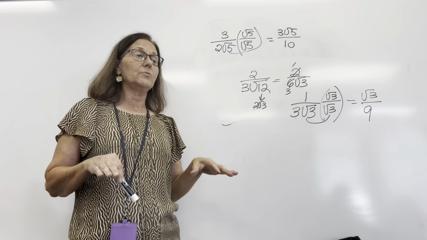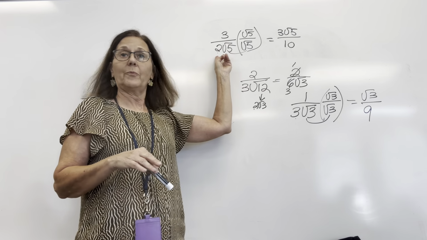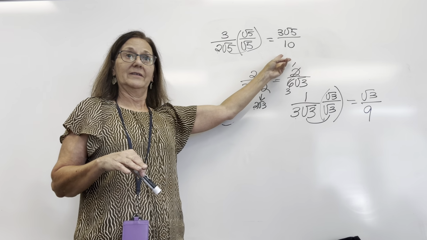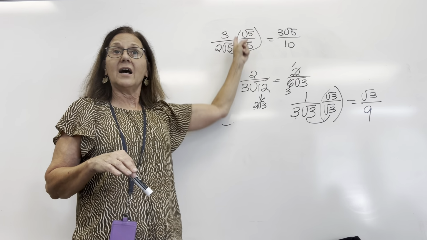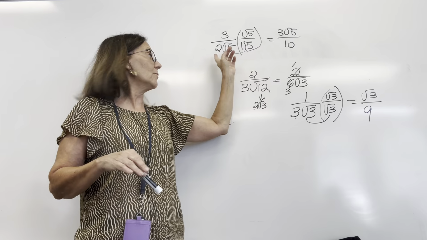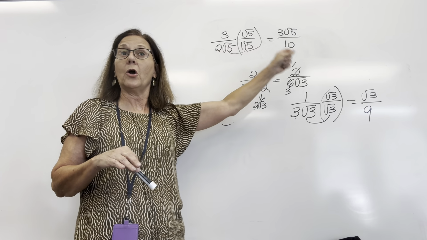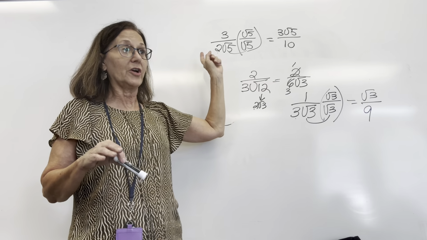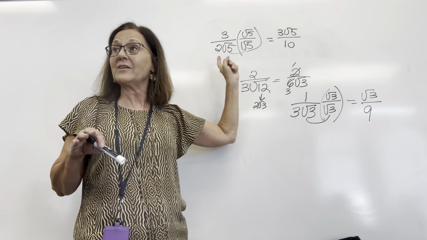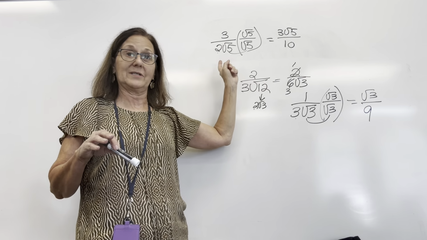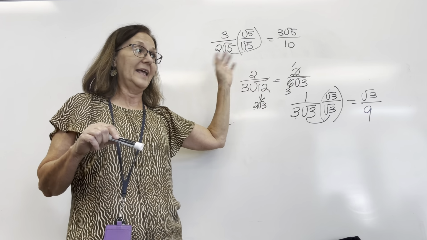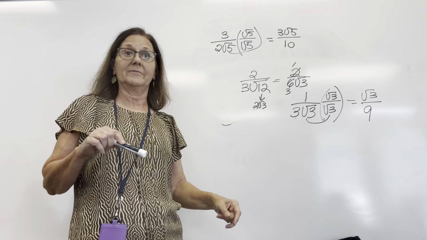But I don't want you working your homework by entering the problem, hitting enter, and getting the answer. Because you've got to understand this concept. How do I get from here to here? You have to know the steps, because you're going to get to a place where we're going to have x's and y's under radicals, and you're not going to be able to put those in your calculator and hit enter and get the answer. All right?